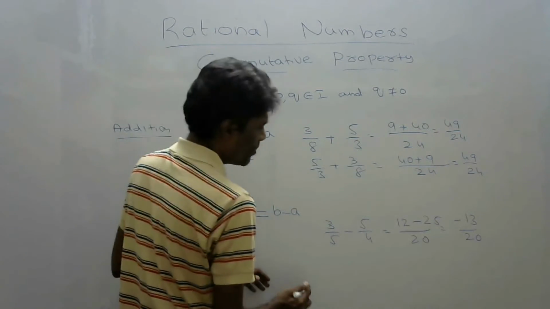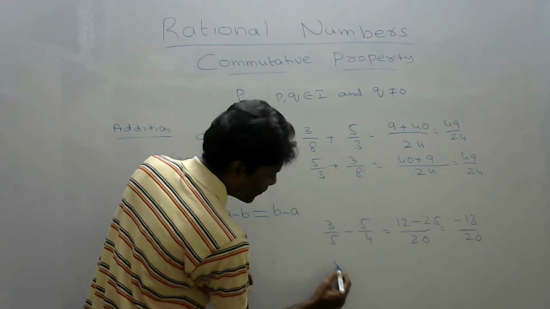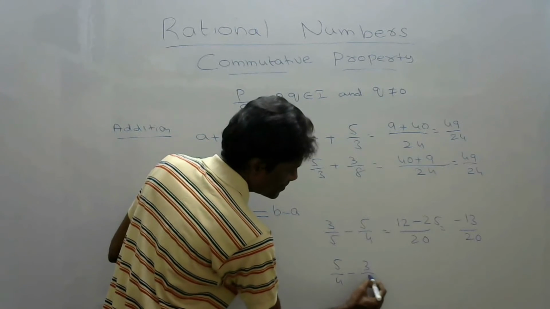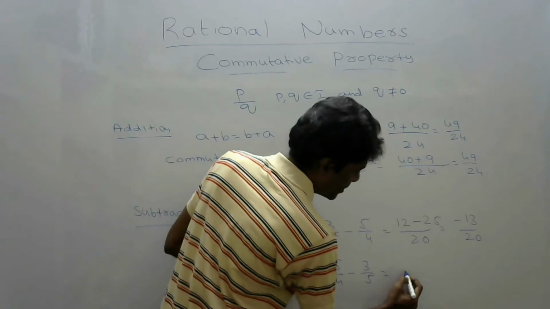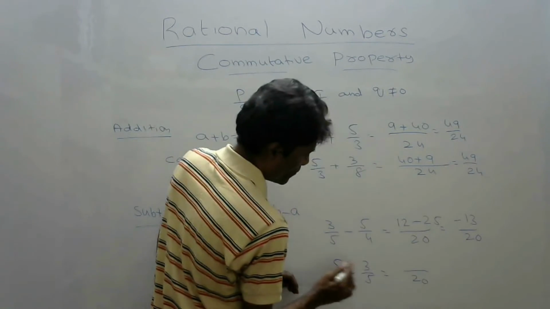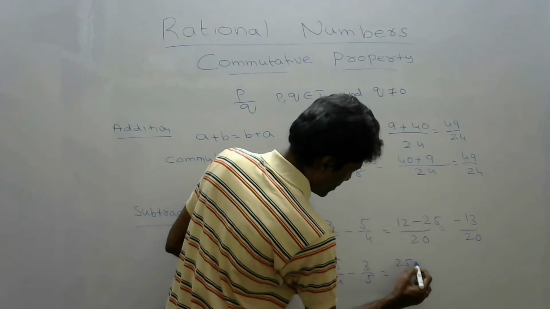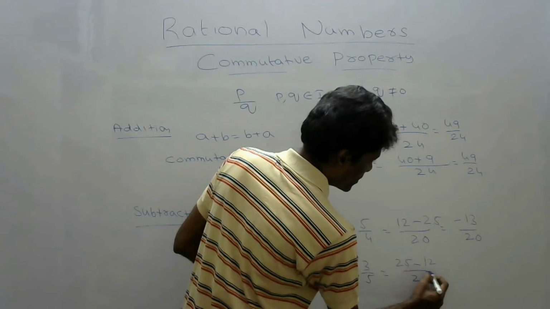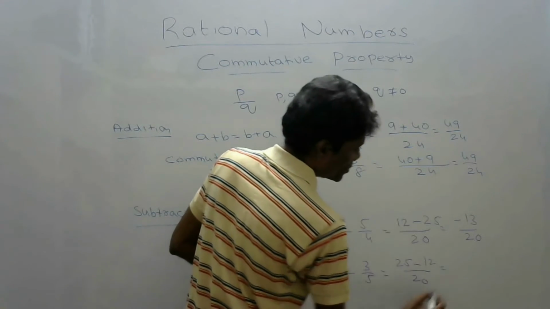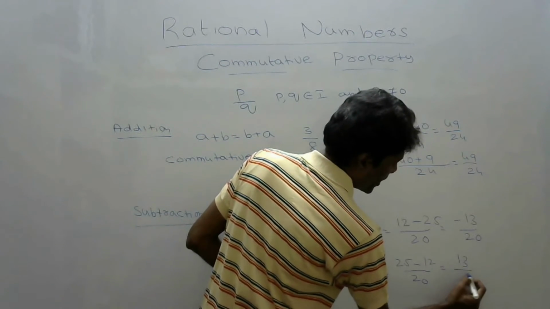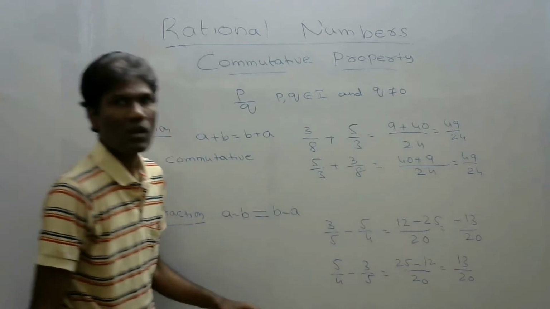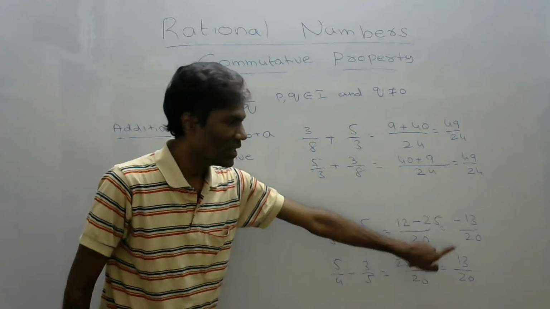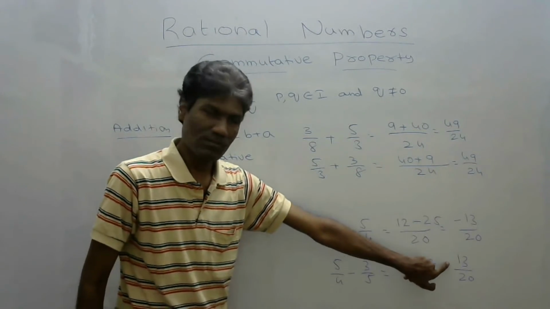Now let us take b minus a, that is 5 by 4 minus 3 by 5. LCM will be the same, 20. 5 fives are 25 minus 4 threes are 12. This is 25 minus 12, 13 by 20. Now, when we observe a minus b and b minus a, these are not the same.